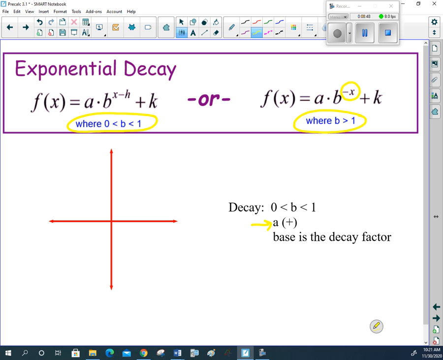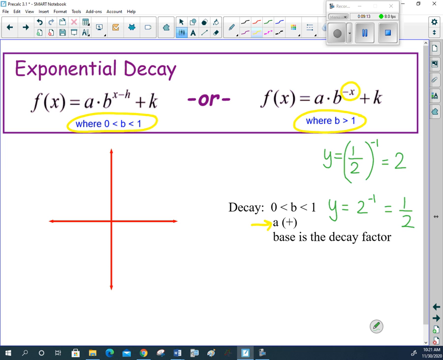And why is that true? Well, let's just go back to something like 1/2. If I raise that to the negative 1 power, that's the same thing as 2.